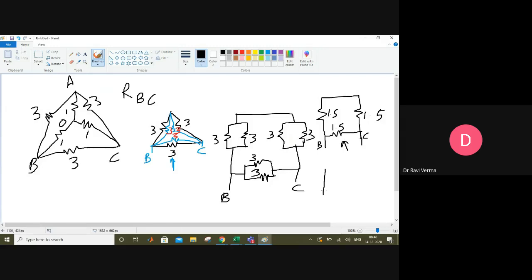So how will it look now? This will remain as it is, 1.5. And 1.5 in series with 1.5, how much? 3. So you are seeing from these 2 points. So what is your RBC? 1.1. Yes, that is your answer. Okay.